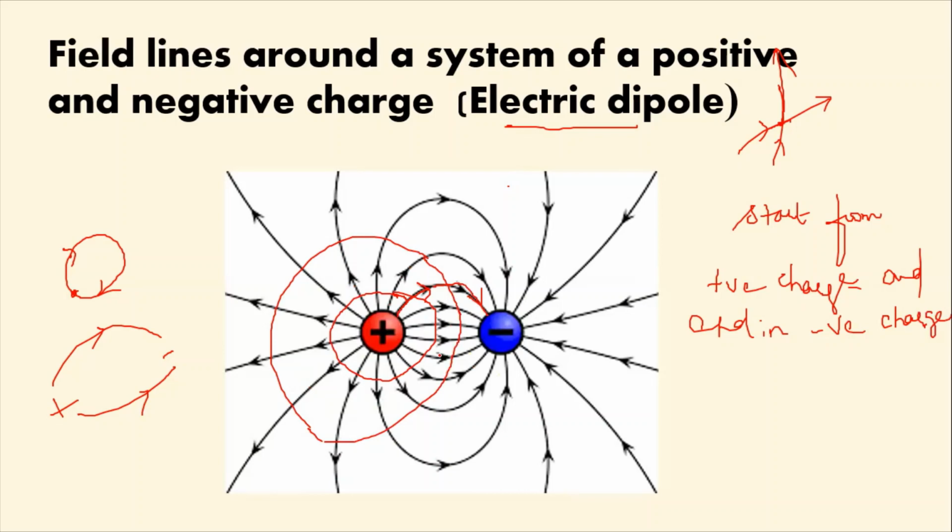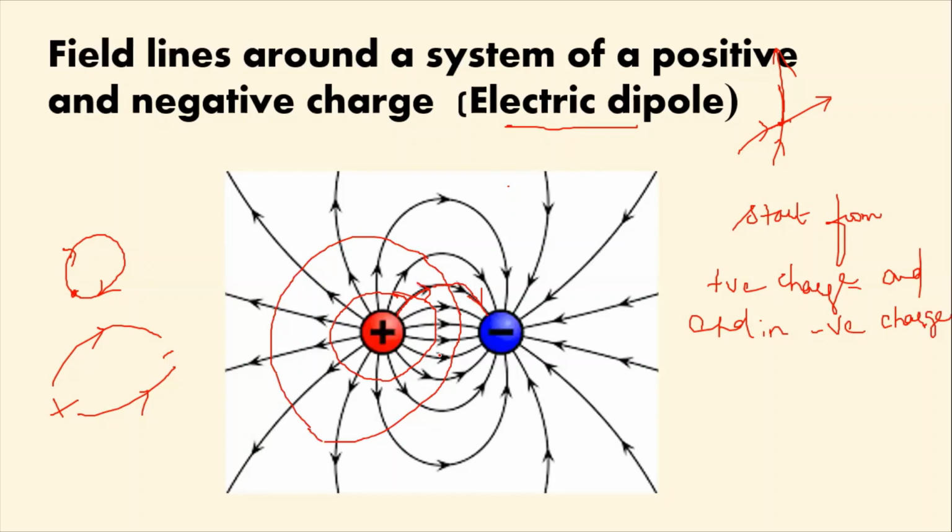That indicates that there is strong electric field in that region. If the number of field lines per unit area is less, that means the charge is away from the area where you are checking the electric field. And if the field lines are crowded, that means there is strong electric field in that region.